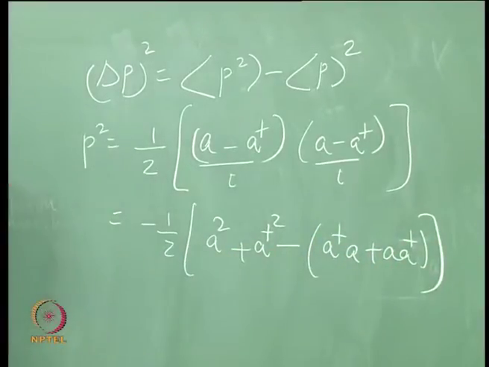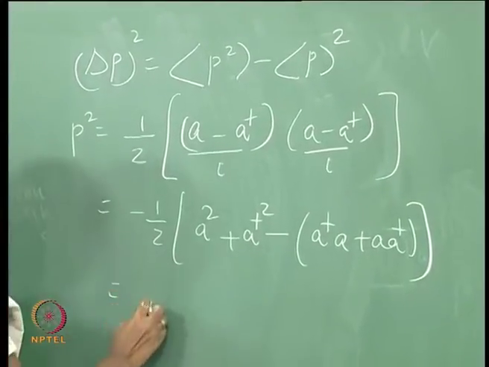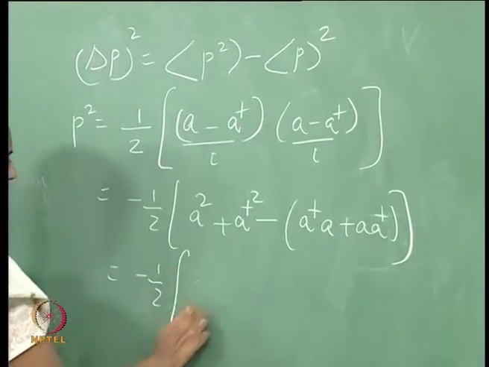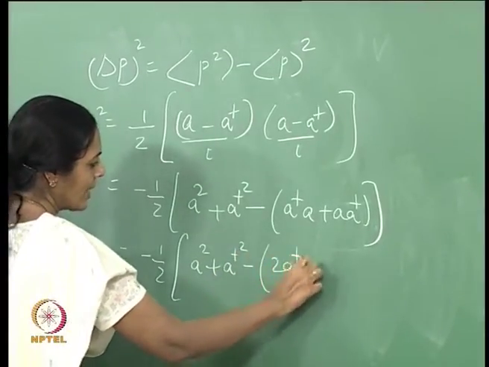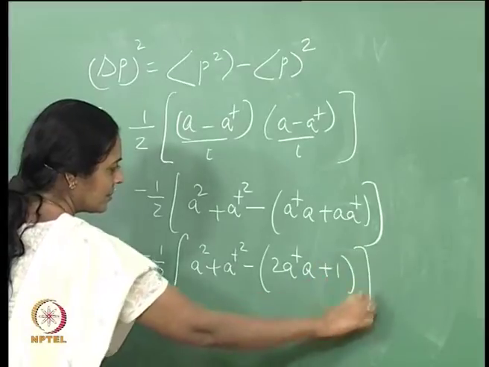As before, I use the commutation relation, and I will write this as minus half A squared plus A dagger squared minus 2 A dagger A plus 1.